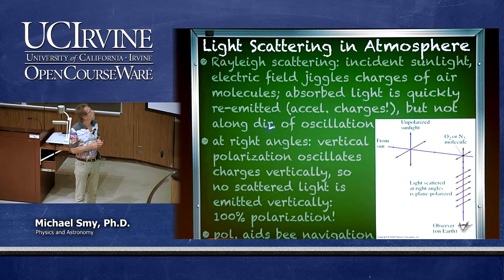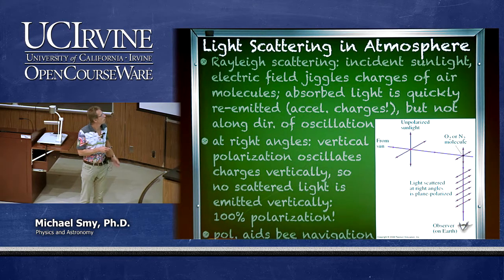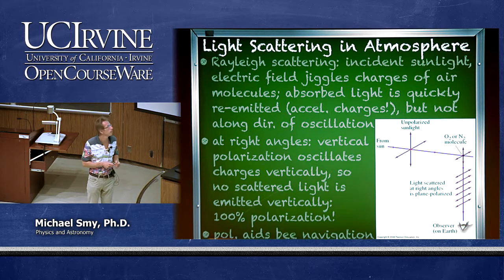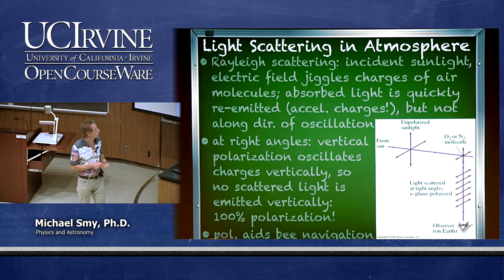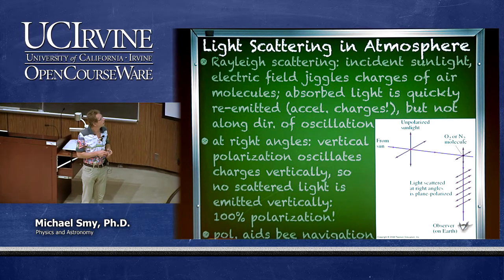And the reason why they re-emit is because the charges wiggle around, and therefore we have accelerating charges, and they are the origin of a dipole electromagnetic field. So just like an antenna, basically.